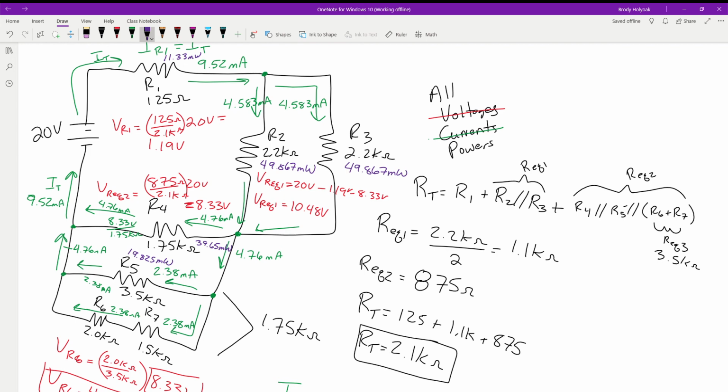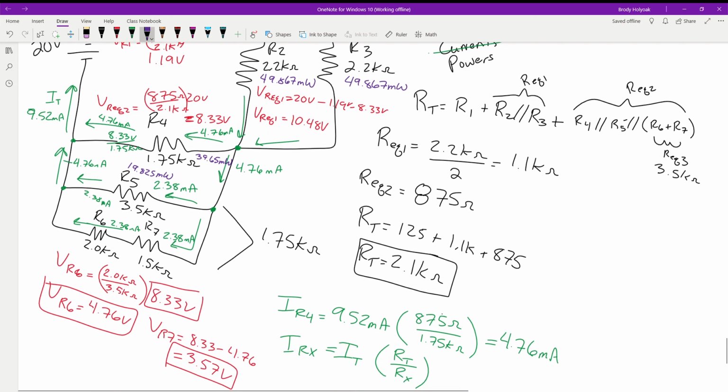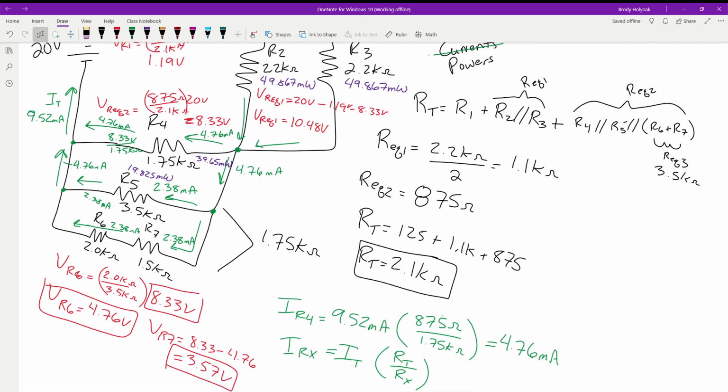Okay. R6? Yeah, by its voltage. Okay, and R7.